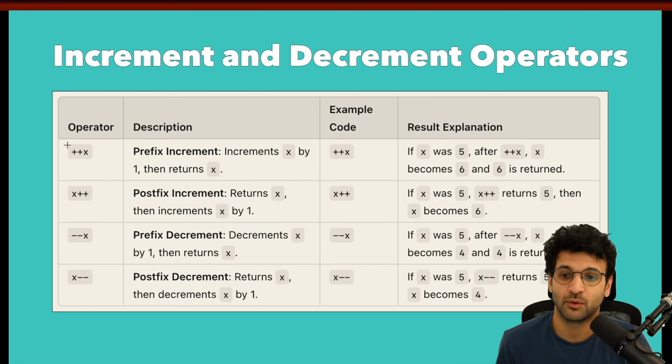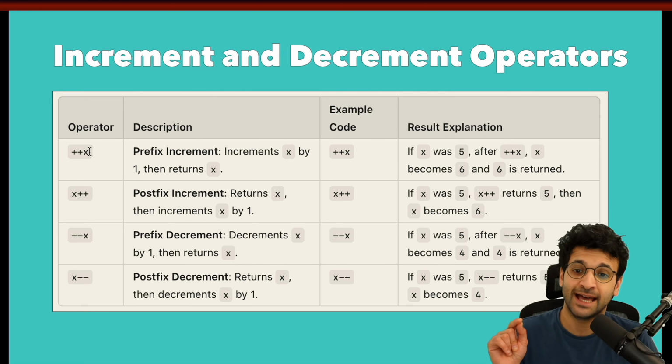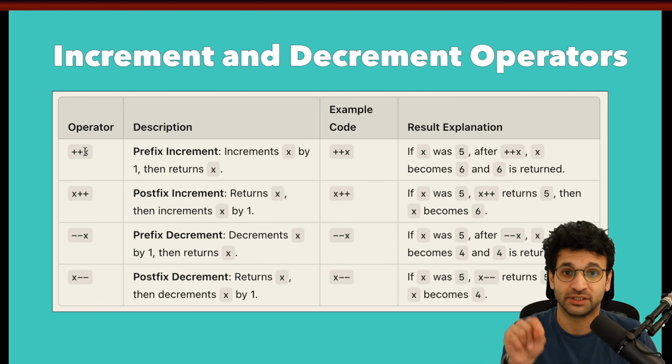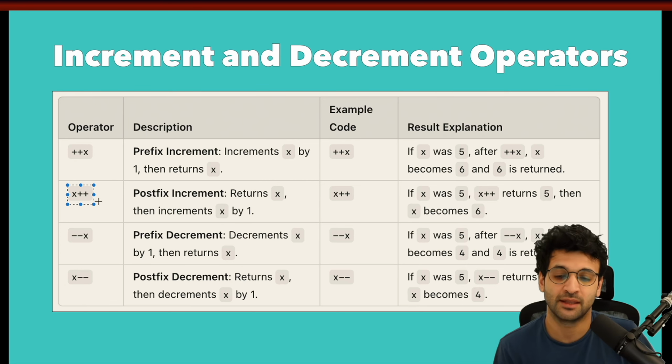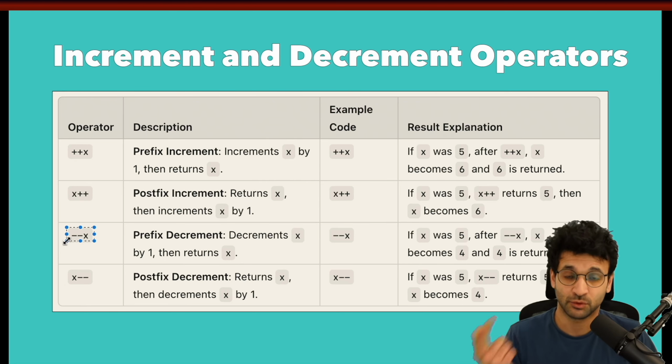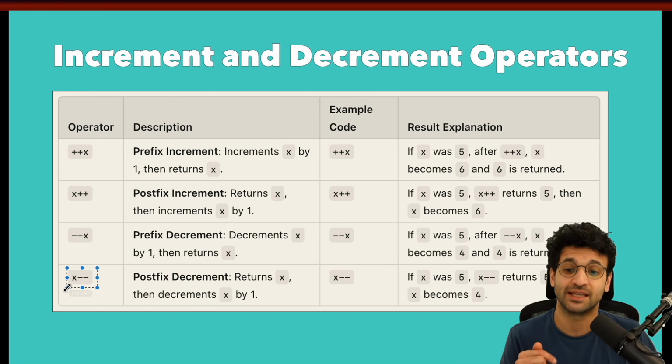So you could say plus plus x, and it would add 1 to x before it uses x. If you say x plus plus, then it would use x in the context that x is in, like say printing x, and then it would add 1 to x. The same goes for minus minus. It would subtract 1, then use x, or it would use x, then subtract 1.